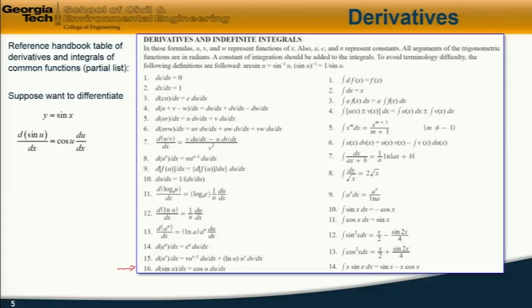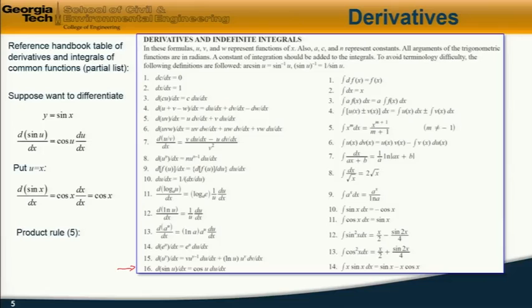So to make this specific to sine of x, we just substitute u equals x into that formula, and then we have d sine of x equals cosine x dx by dx, but dx by dx is 1, therefore the differential of sine x is cosine x. And you can use these simple rules to differentiate a number of different functions using this table.